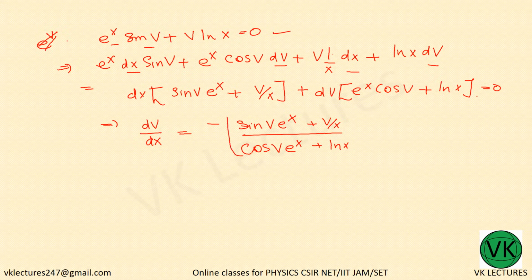Now this is only dV by dx. We need dy by dx, which is nothing but minus dV by dx, here you will not get a negative sign, which will be positive. Whatever here you have, you can write.